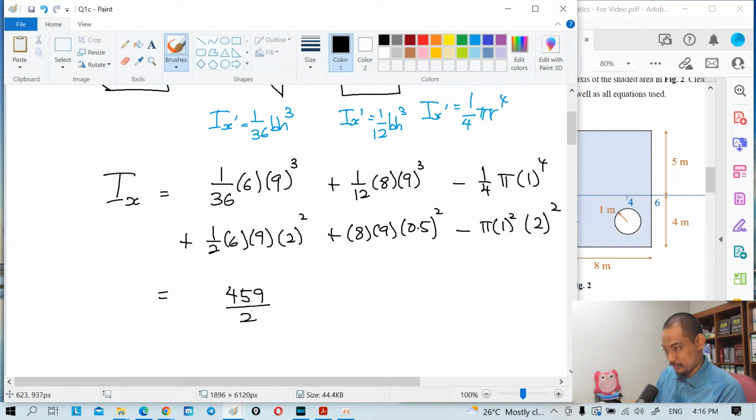Okay, 1 divided by 12 times 8 times 9 cube, plus 8 times 9 times 0.5 square, that is 504.